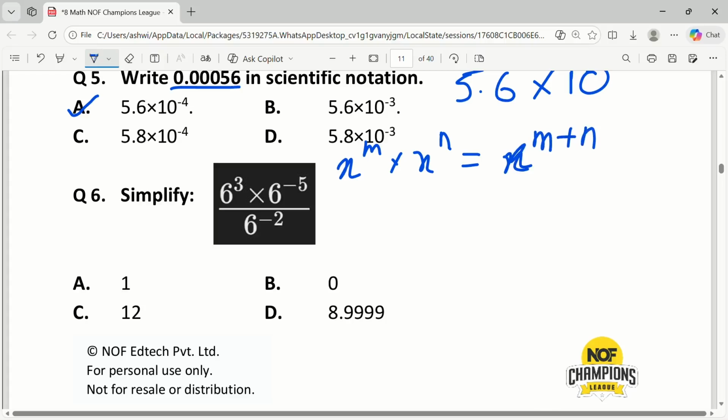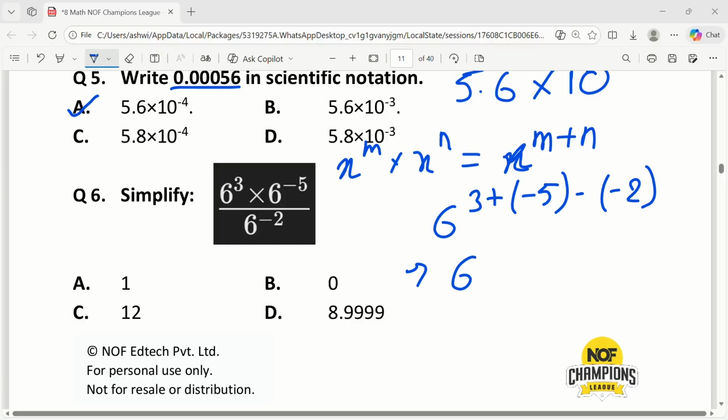That is 6 to the power 3 plus minus 5 minus minus 2. Solving this, we get 6 to the power 0, which is equal to 1. Hence the answer is A, 1.